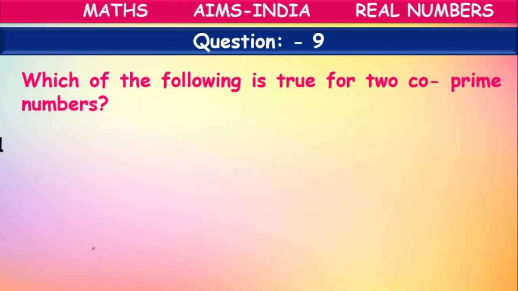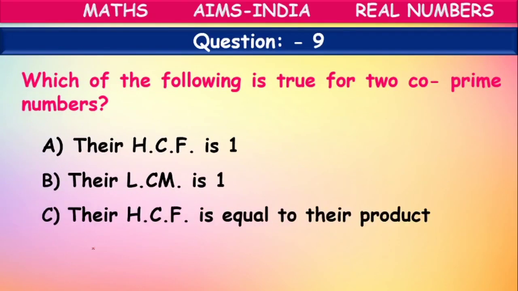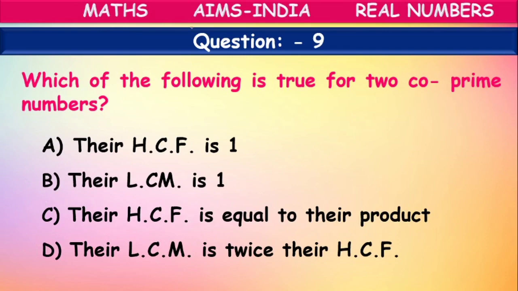Next, question number 9. Which of the following is true for two co-prime numbers? When they are said to be co-prime, they have only one common factor, which is 1.